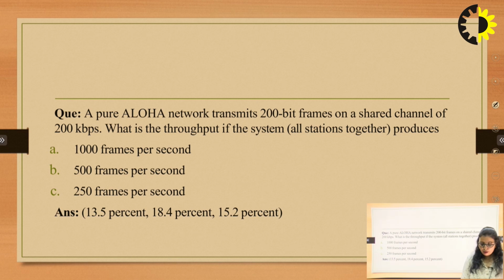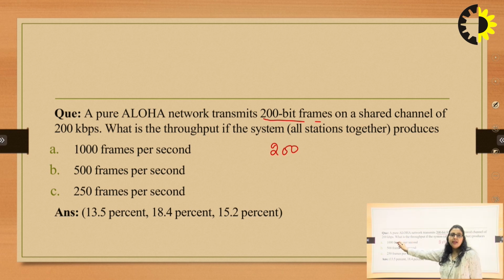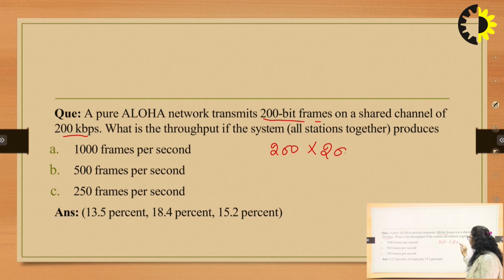How is it solved? Let me give you an example. A pure Aloha network transmits 200-bit frames on a shared channel, and the channel rate at which the data can be sent is 200 kbps.